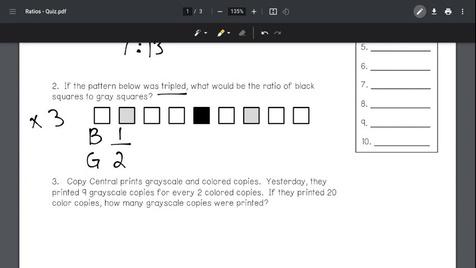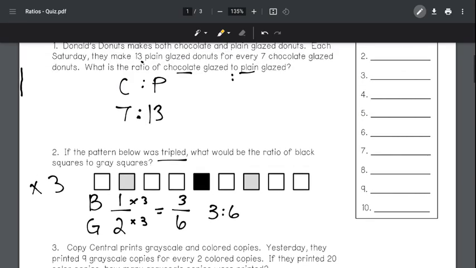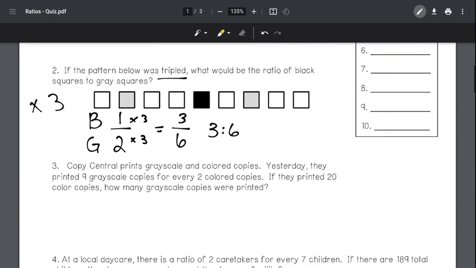So I'm going to take my ratio, which is 1 to 2, and I'm going to multiply each of the numbers by 3 to triple it and make my new ratio. 1 times 3 equals 3, 2 times 3 equals 6. And you can turn it back into the other version with a colon. So the answer was 3 to 6. That's your final answer.